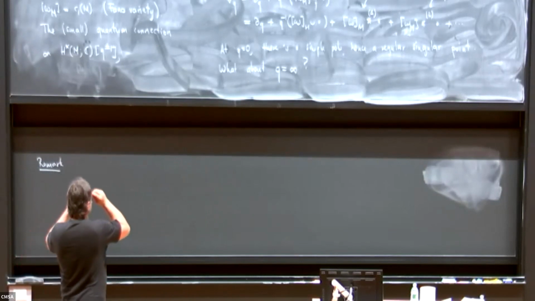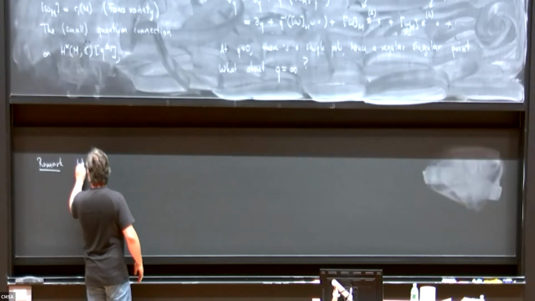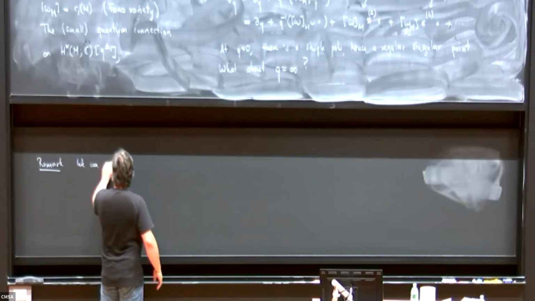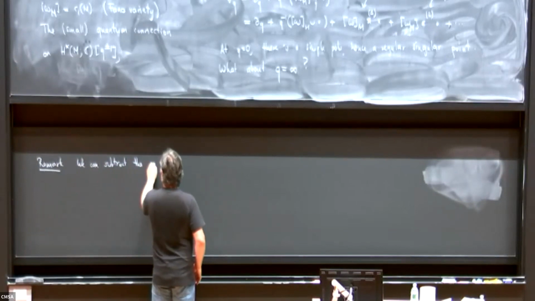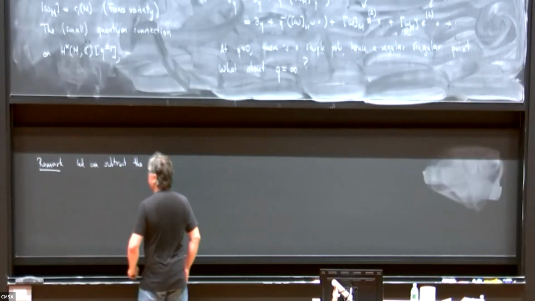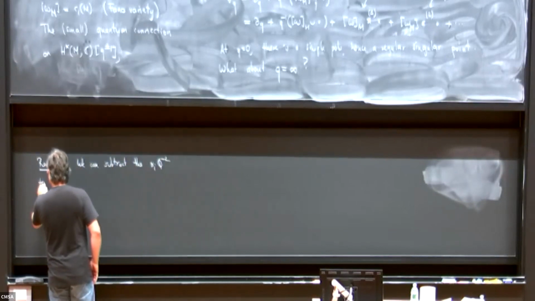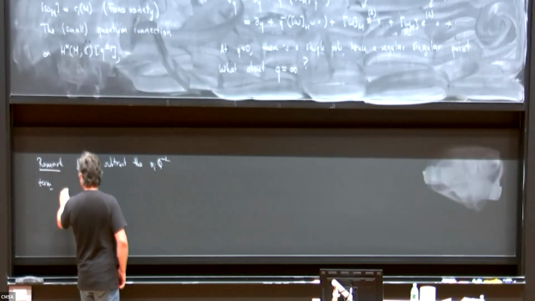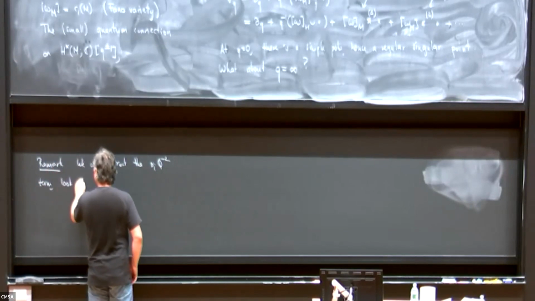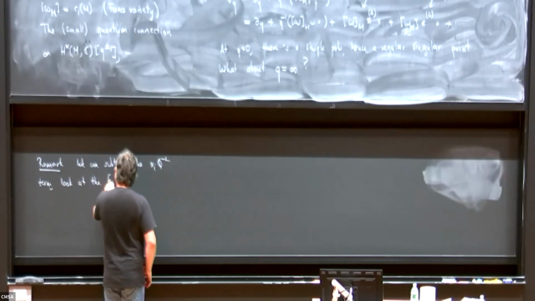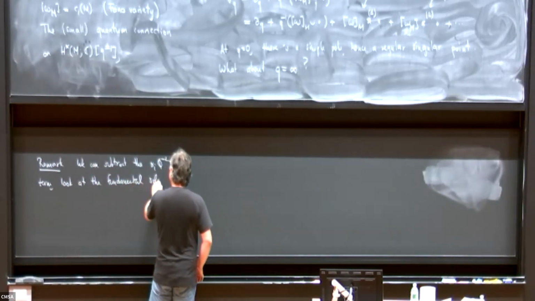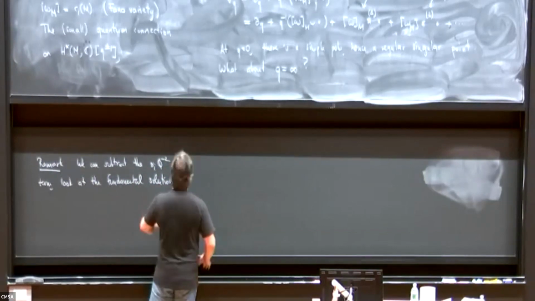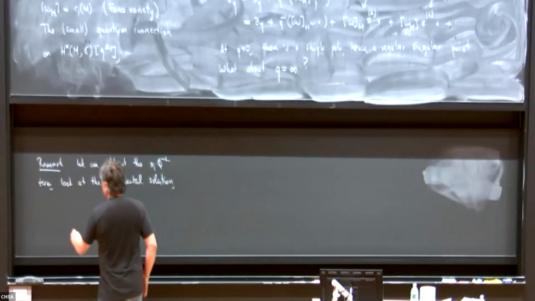So we can subtract the alpha i q to the minus 2 term. Look at the fundamental solution, which is generally speaking multi-valued, and thereby define monodromies.